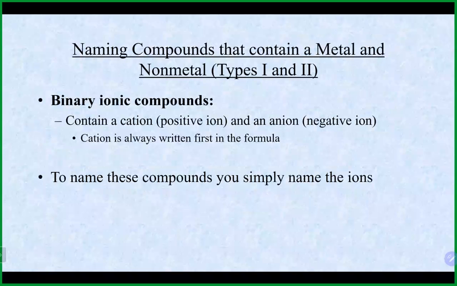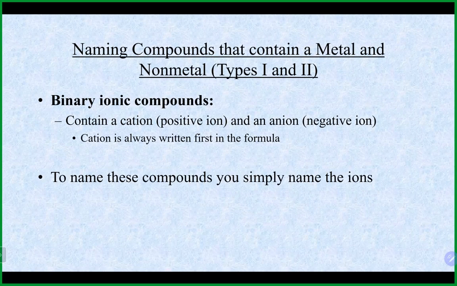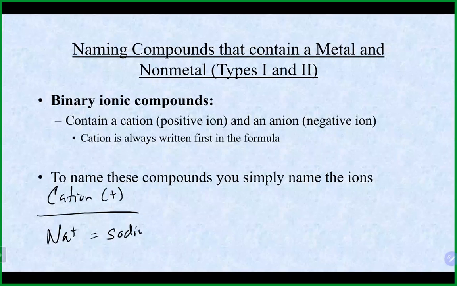So first, let's talk a little bit about just naming ions, which I think we did in a previous chapter, but just to review, if we have just an ion by itself, a cation, for example, which is positively charged, we just give the whole name of the element. So again, this would be the sodium ion.